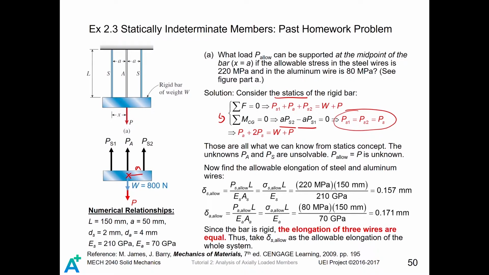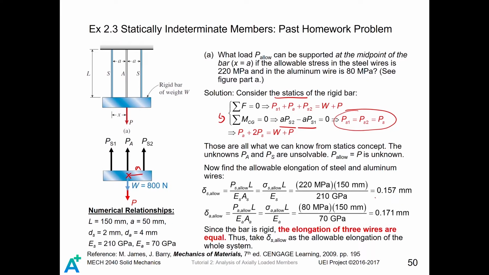The allowable elongation of the steel wire is given by PL divided by EA, but P is not given in this problem, but we know P divided by A equals stress. So it will be stress times L divided by Young's modulus, which is 220 megapascal times 150 millimeters divided by 210 gigapascal. The answer is 0.157 millimeters.